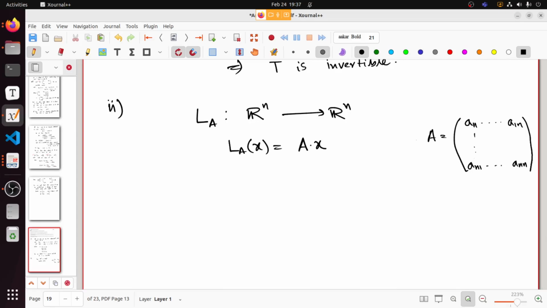Let's write down the matrix of LA. Let's take the standard basis e1, e2, ..., en. This is the basis for Rn.